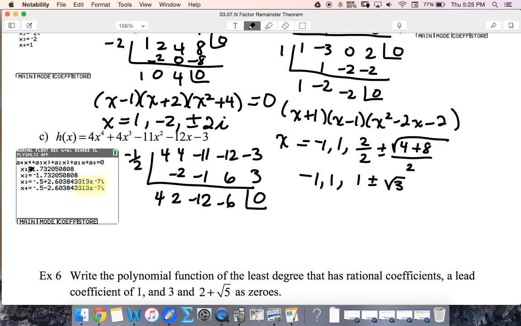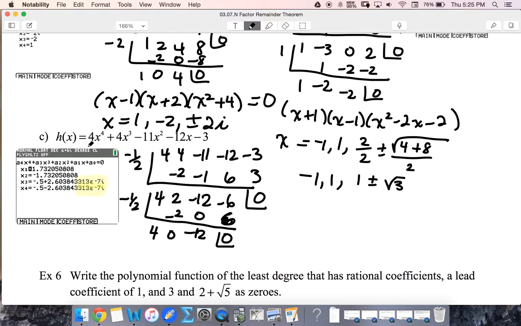Sure enough, negative a half is a root, not an imaginary. It looks like it's a repeated root. Let's do it again. Negative a half: 4, negative 2, 0, 0, negative 12, positive 6. Sure enough, it's a repeated root.